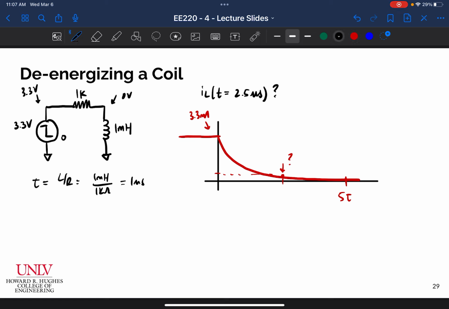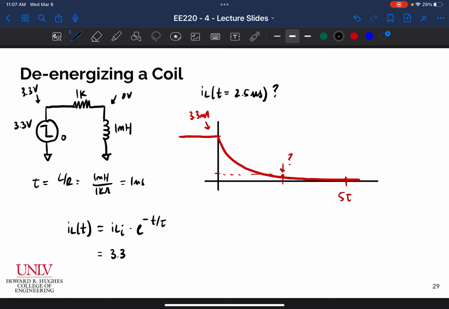So let's utilize our de-energizing equation. I can go back a couple slides and find it, or I can just pull it out of memory. It's going to be that IL of t is equal to my IL initial times e to the minus t over tau. In this case, my IL initial we determined already was 3.3 milliamps.